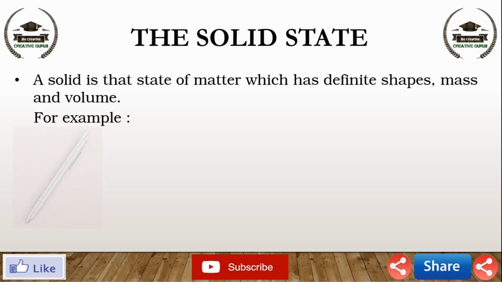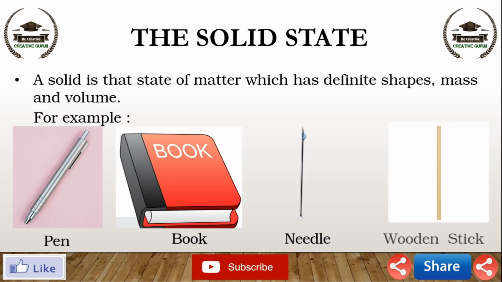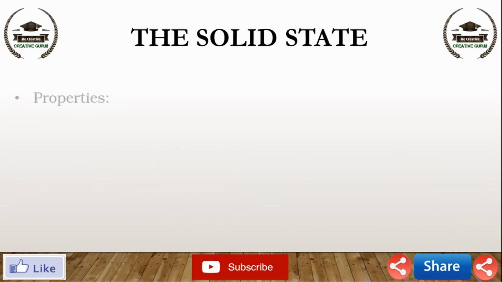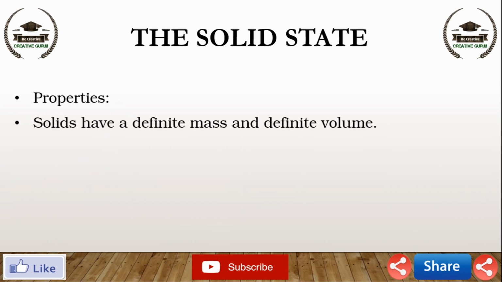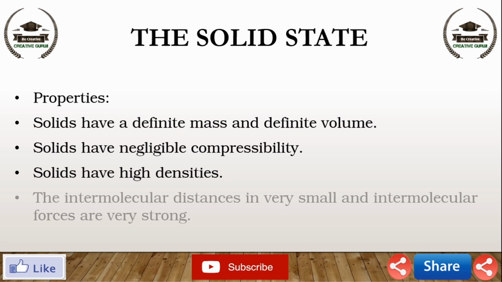For example, pen, book, needle, wooden stick. Properties. Solids have a definite mass and definite volume. Solids have negligible compressibility. Solids have high densities. The intermolecular distance is very small and intermolecular forces are very strong.